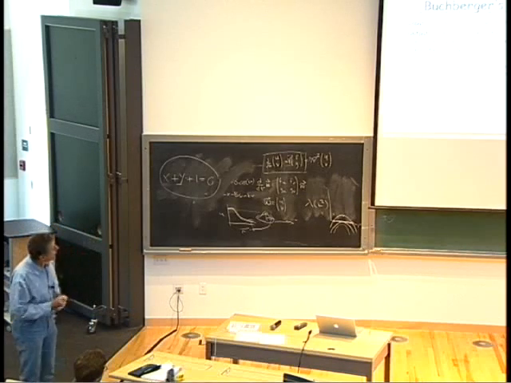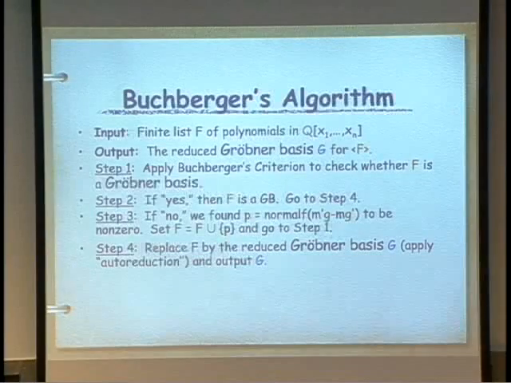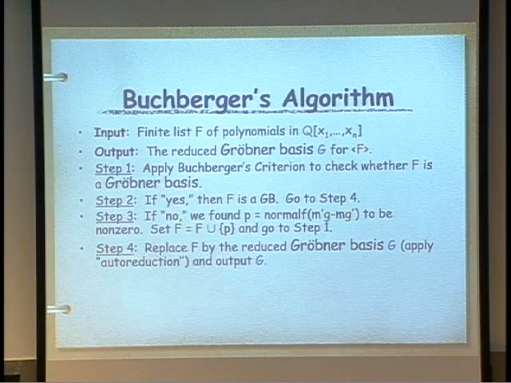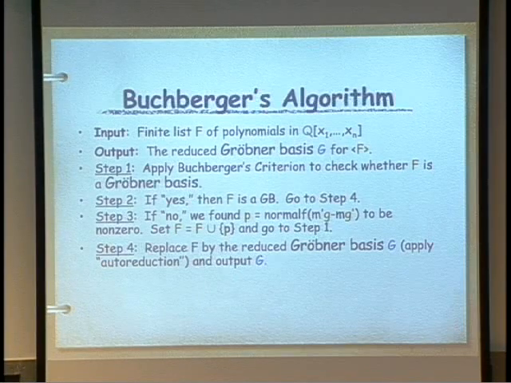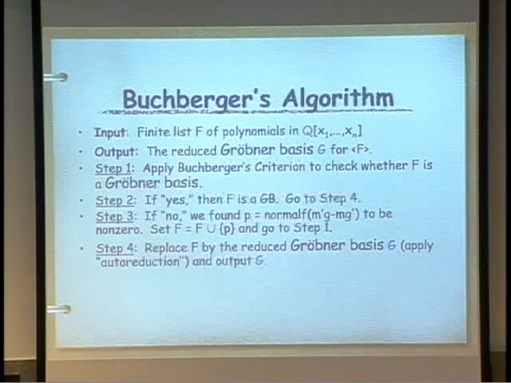And if no, then we have to do something. Then we pick a pair, then we found a witness, right? If the answer was no, then there was one of these S-pairs that didn't reduce to 0. Since it didn't reduce to 0, we just take it and throw it into the bag, and we do it again. That's the whole algorithm, right?